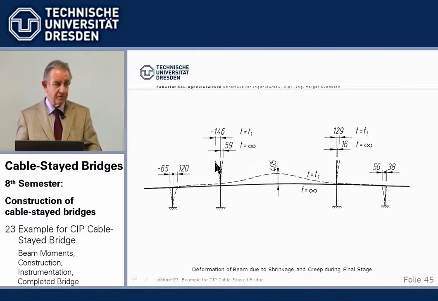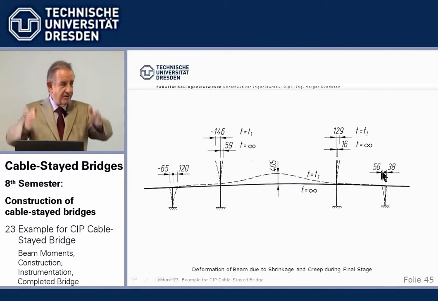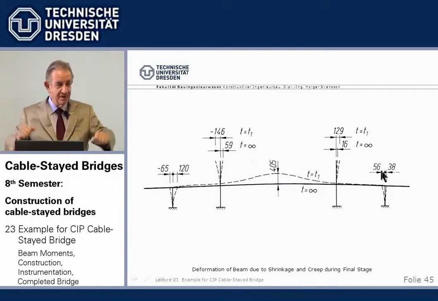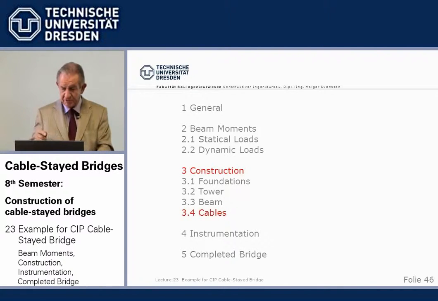We built it, of course, vertical, but we pulled it back here with the cables, and after shrinkage and creep, hopefully, we have vertical towers and the beam on the desired elevation. In very early lecture 3, I think I've shown you how that works with shrinkage and creep in combination. It's all a little bit involved, but you can remember for a big bridge, 0.5 meter, it can go down.